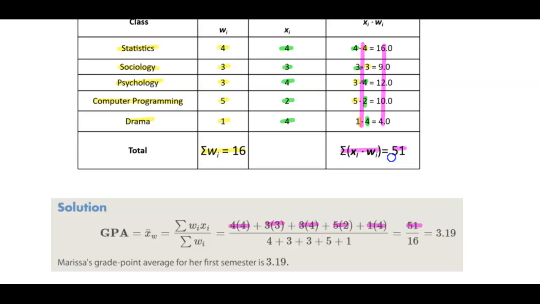That total gives us 51. Then we add up the hours: 4 plus 3 plus 3 plus 5 plus 1, which is 16. When we divide those numbers, we get 3.19. Therefore, Marissa's grade point average for her first semester is 3.19.